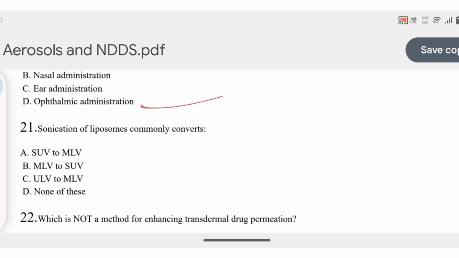Next question. The sonication of liposomes commonly converts multilamellar MLV to SUV.